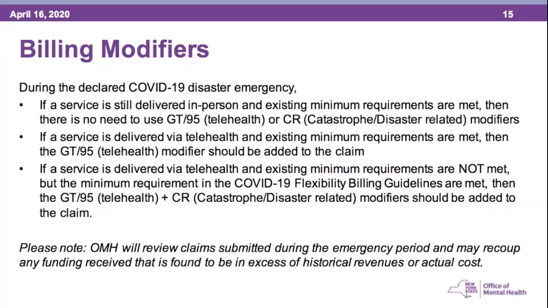So another question, if a service is delivered in person and all others through telehealth and existing minimum requirements are met, is it correct that the GT 95 telehealth modifier is added?